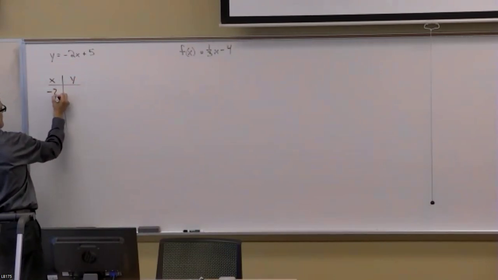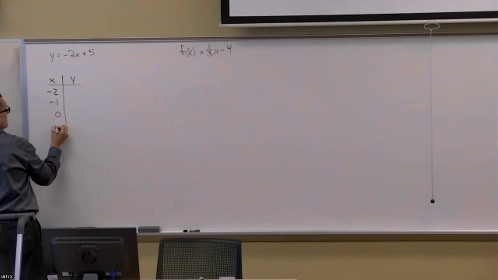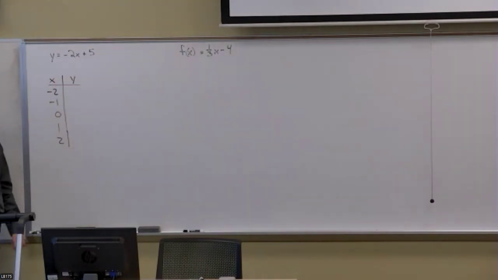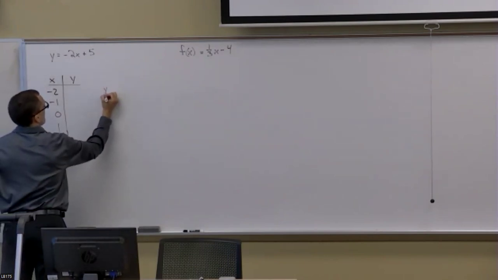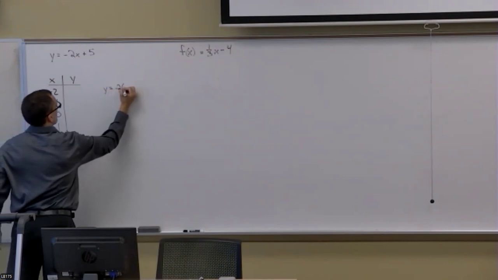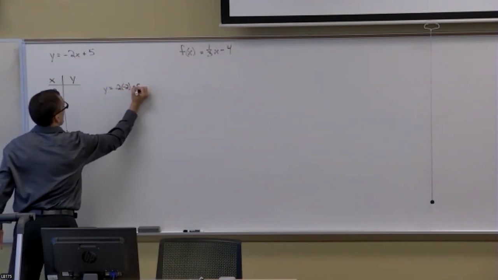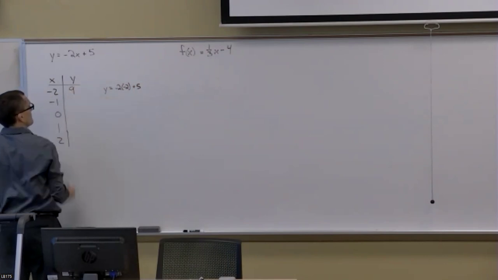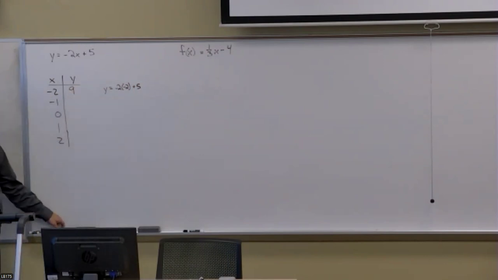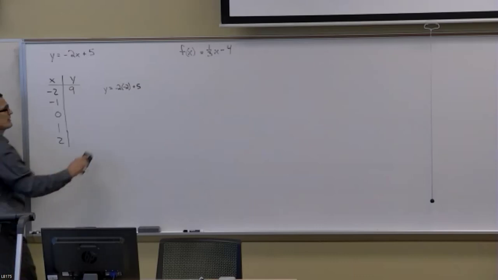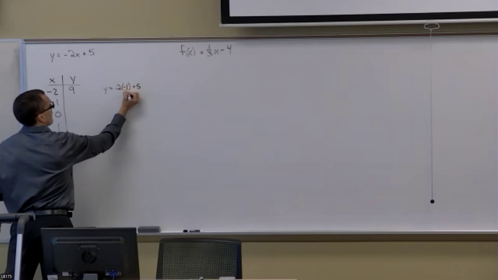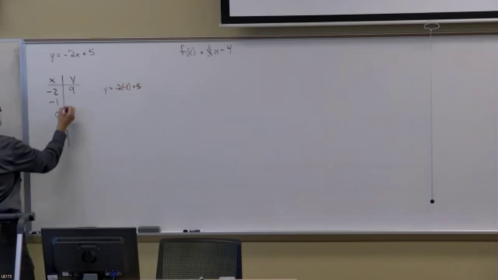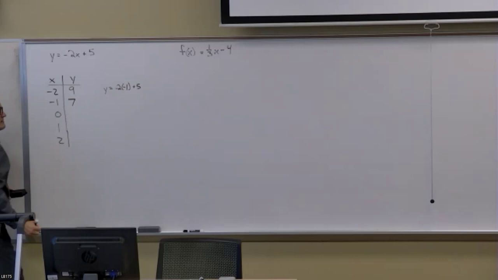So I might plug in like negative 2, negative 1, 0, 1, 2 in this first case. If I plug in negative 2, y is equal to negative 2 times negative 2 plus 5, which is 9. If I plugged in negative 1, I end up with a 7.